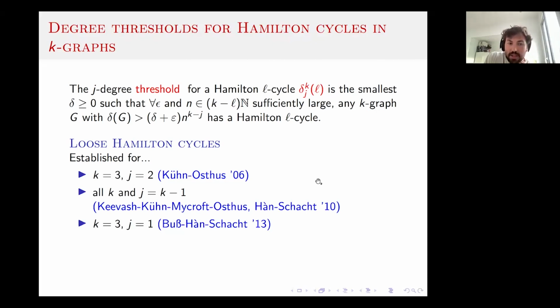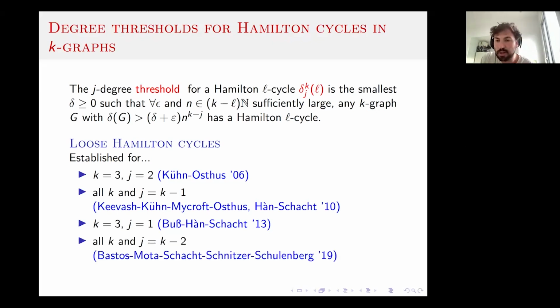Again, this was generalized, but it turns out that it's not really the vertex degree that generalizes; it's k-2. So in general, they can do all k and j = k-2. This is actually all that's known for loose Hamilton cycles, and there's not much more. I won't go through the other types of Hamilton cycle, but there's not much else known in the other cases. So for loose Hamilton cycles, we just know the k-1 degree and the k-2 degree in general.